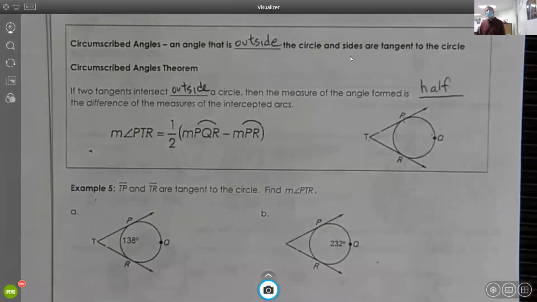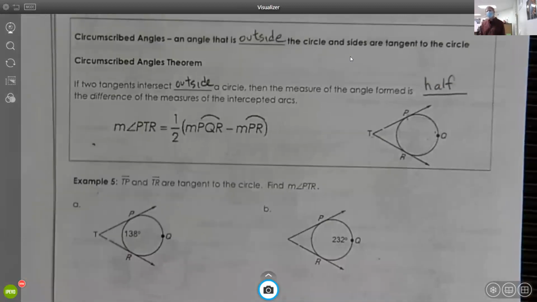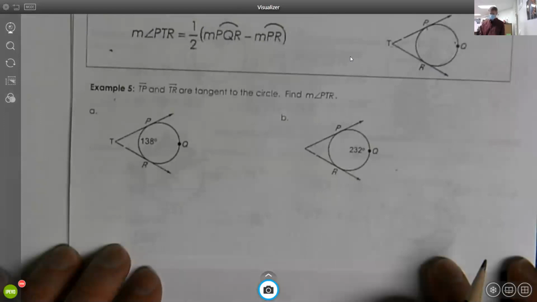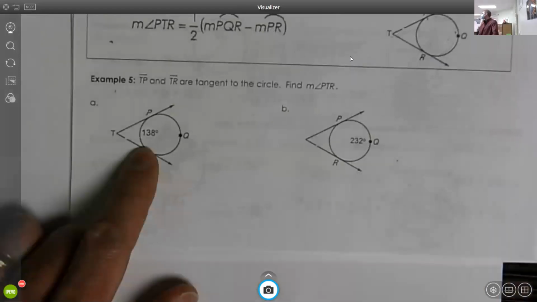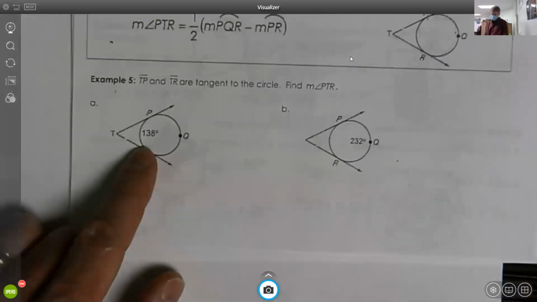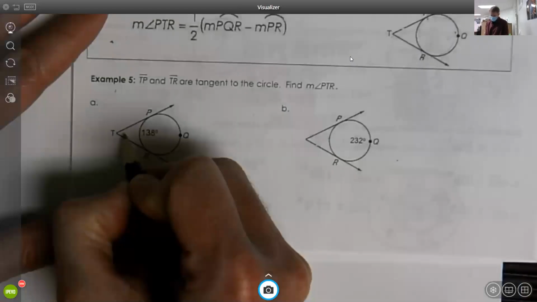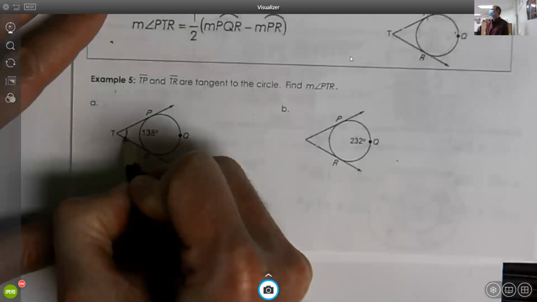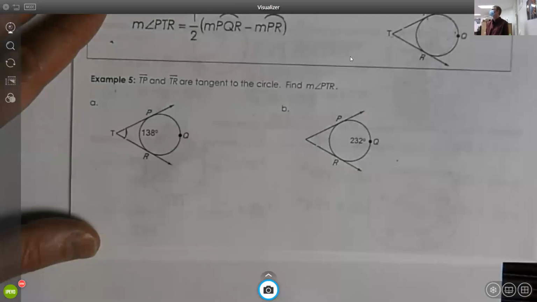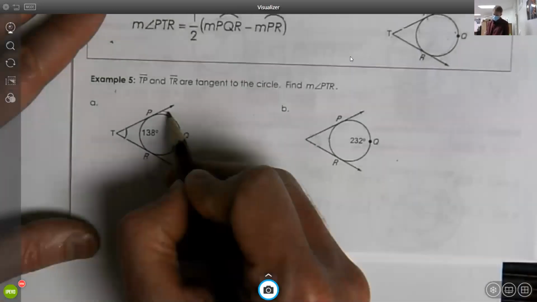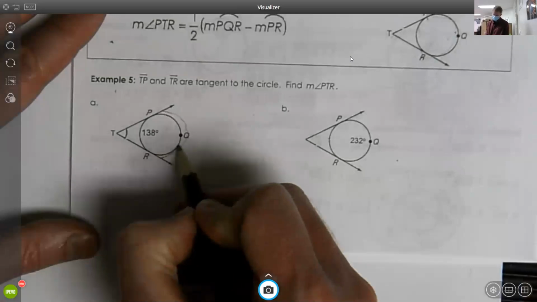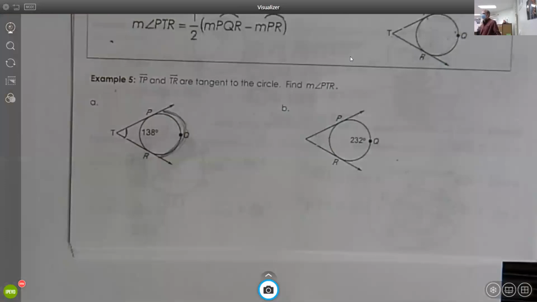So let's come on down and try that for size. We have two unknowns here. We have this angle out here, which we don't know, and we have the arc way out here that we don't know. We need to know each one of those.